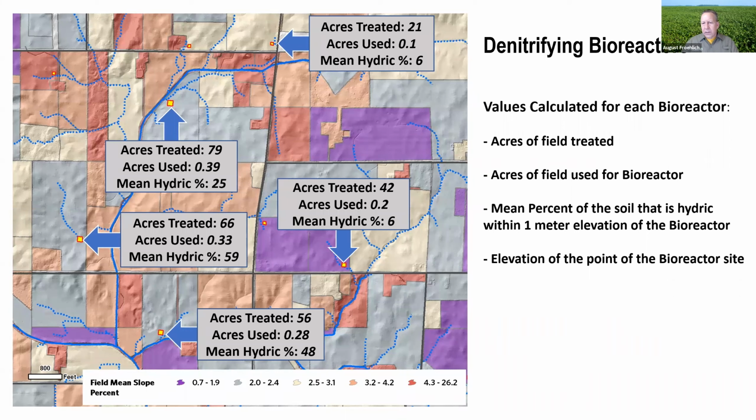This is important in the sense that these practices are technologically simple, but they're not so simple that they're free. So there is a cost involved with the installation, not really so much the operation, but there is support available through the NRCS, but there is also a cost share.